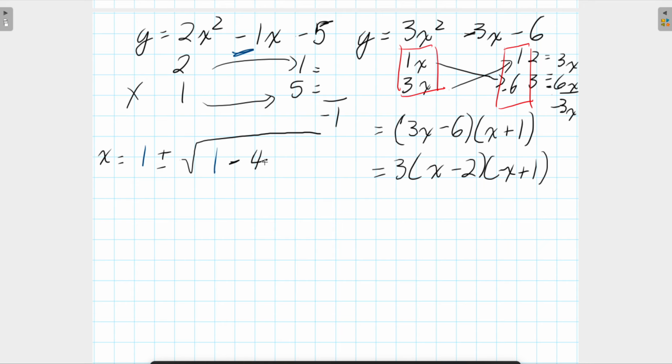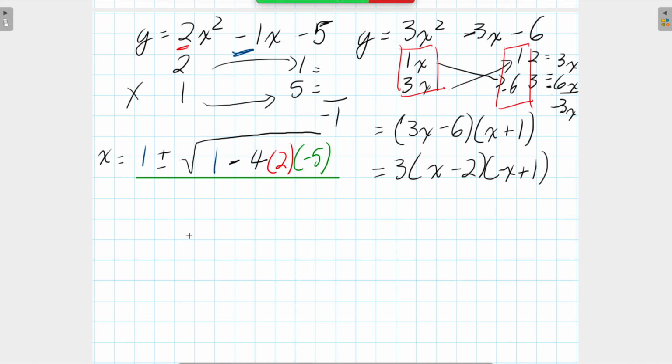Minus 4 times a, in this case a was 2. c was negative 5, okay? All of that is divided by 2a. Remember, a is still the value of 2.